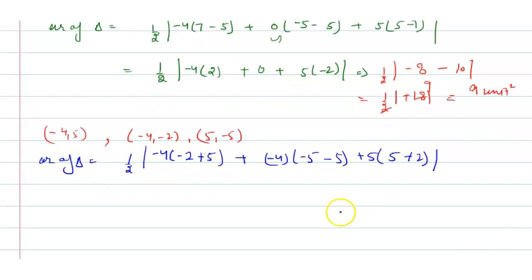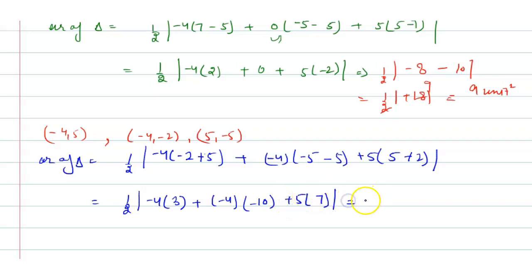Now simplify this, so we will get the area of the triangle. Here 1 upon 2 times -4 times (5 minus 2 is 3) plus -4 times (-5 minus 5 is -10) plus 5 times (5 plus 2 is 7). Further simplify: 1 upon 2, 4 3s are 12 plus 4 10s are 40 and minus minus plus 40, plus 5 7s are 35.